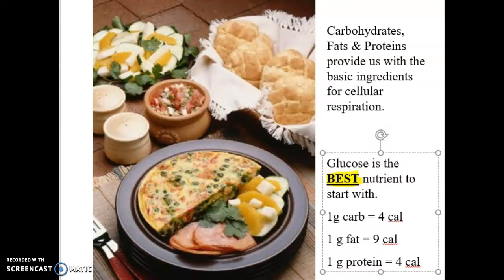We want that protein to go towards cell structures, to go towards enzymes, to build our immune system, our hair, our fingernails, etc. You can often tell when somebody's burning protein for energy because it gives off different end products, and I'll show you this at the end of the lecture here, at the end of all the lectures for cell respiration.